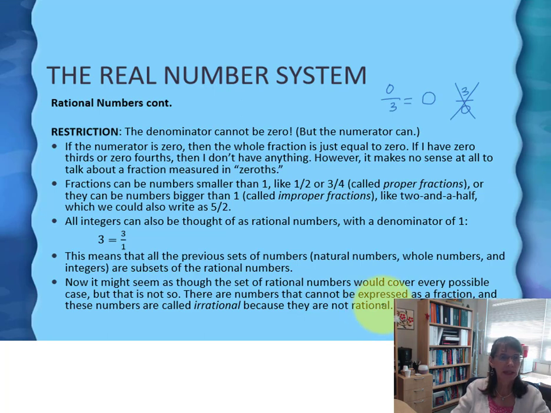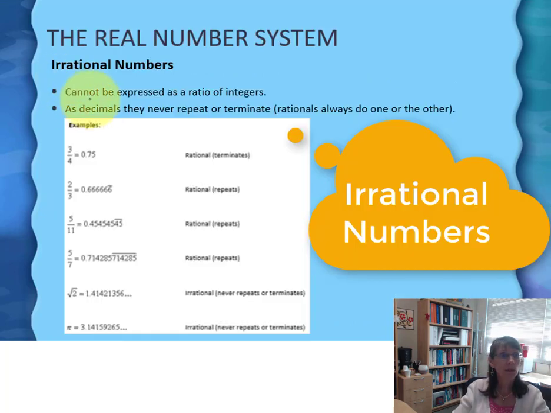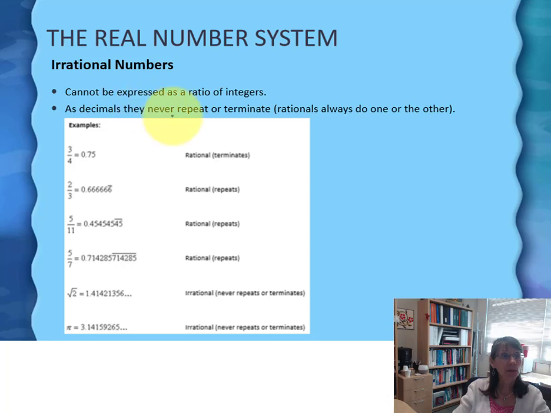There are numbers that cannot be expressed as fractions, and those numbers are called irrational. The irrational numbers cannot be expressed as a ratio of integers. As decimals, they never repeat or terminate.